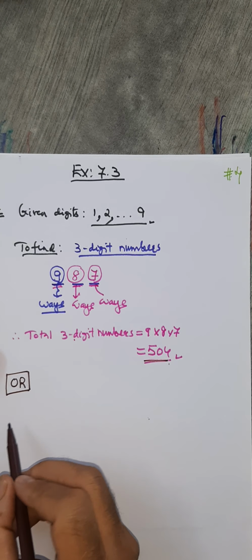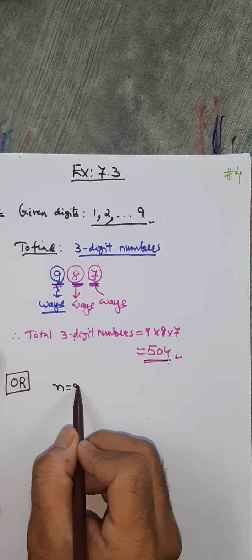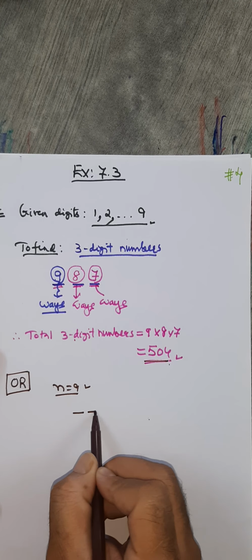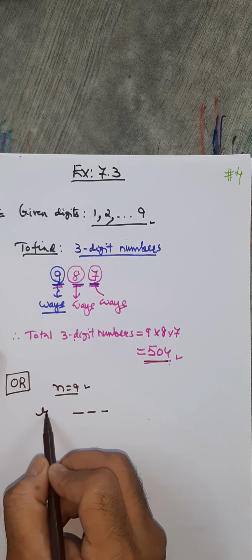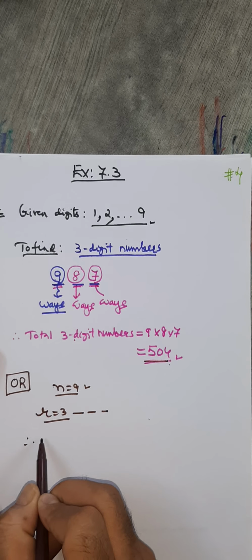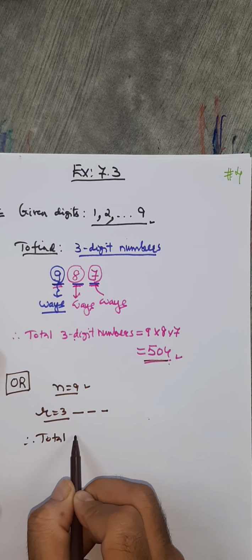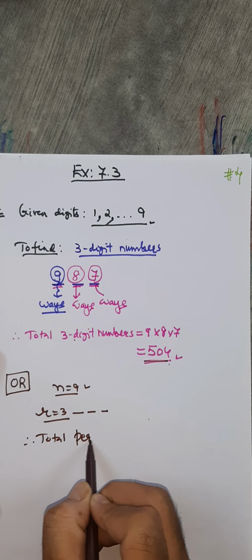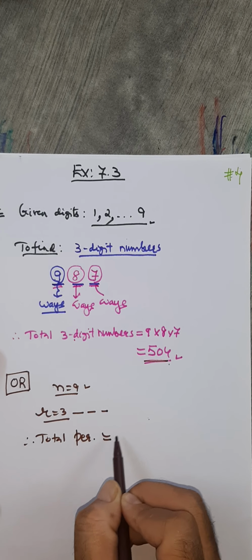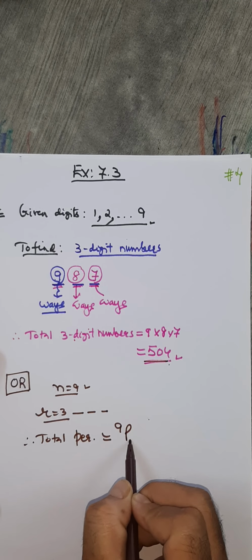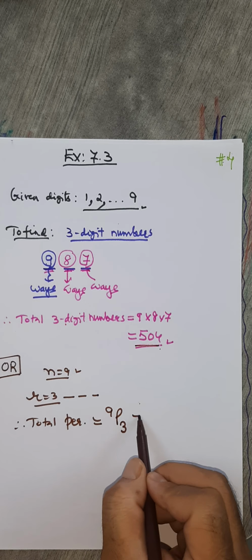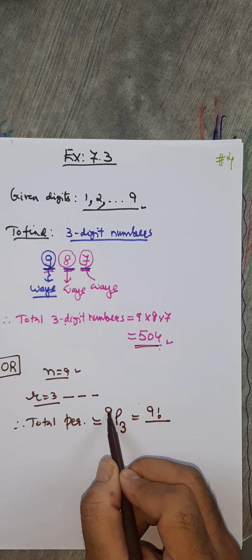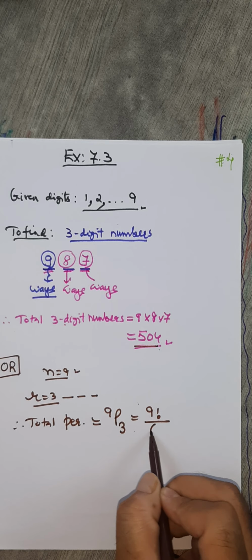See. Total n equals 9 digits. I want to fill up 3 positions, so r equals 3. So total arrangements or permutations, permutations means arrangements, equals 9P3. So what is this? 9 factorial upon 9 minus 3, which is 6 factorial.